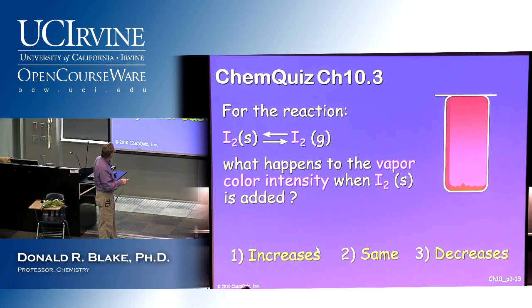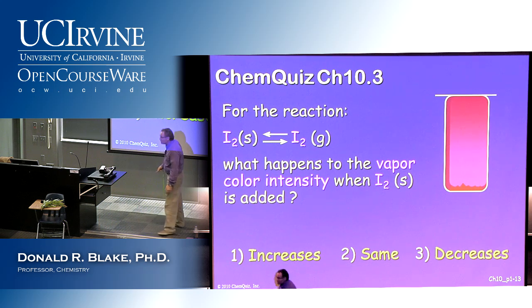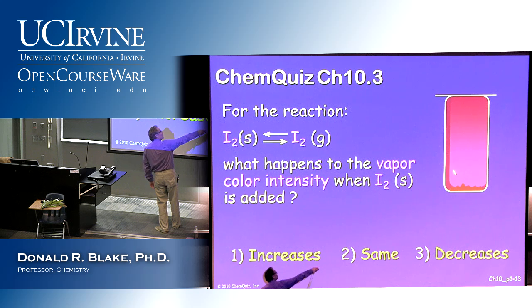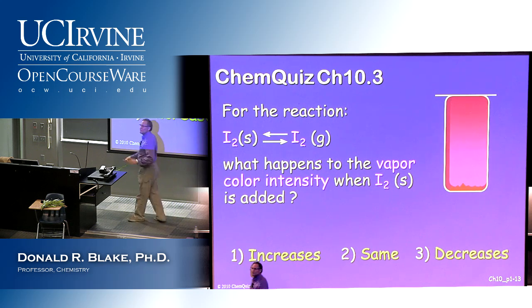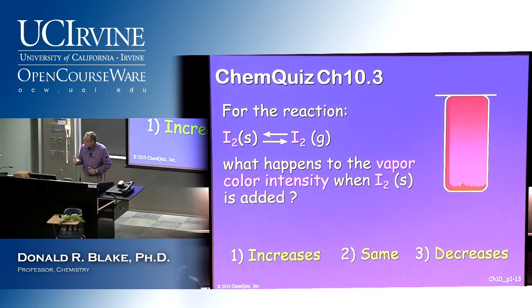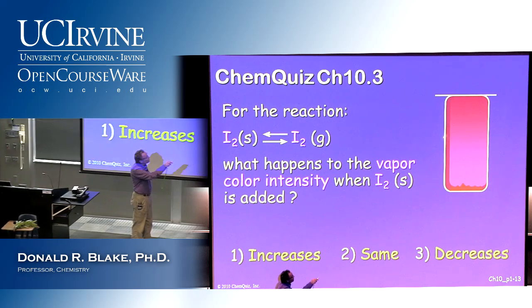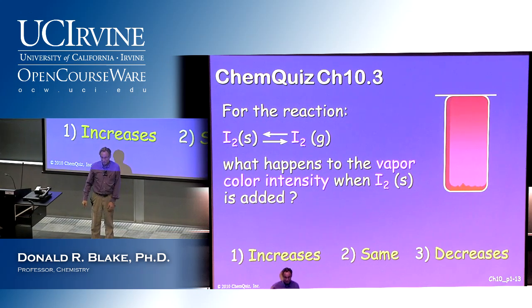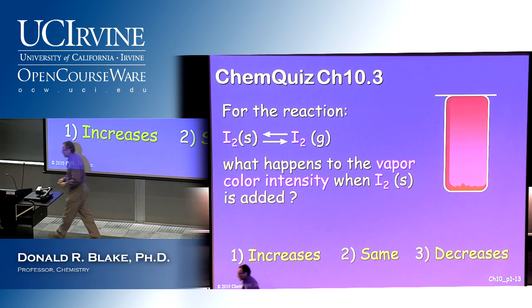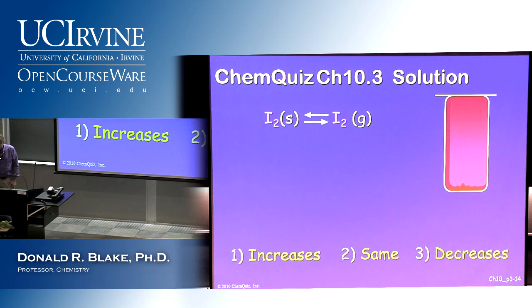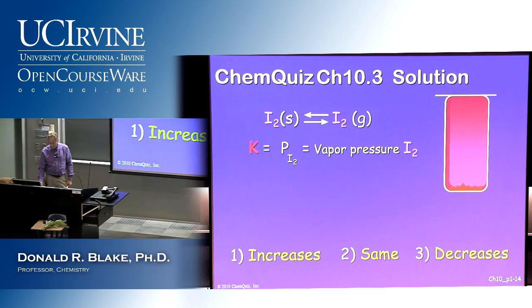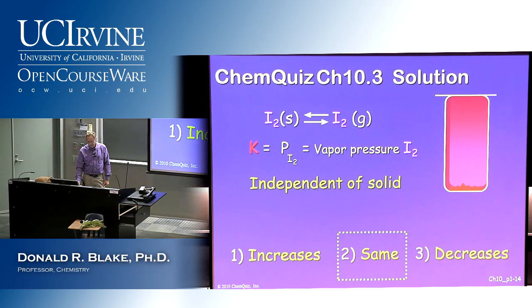Is it going to increase, stay the same, or decrease? It's going to stay the same, because it doesn't matter how much you pile down here, the pressure up here stays the same, not the number of molecules. If I filled it right up to here, the number of molecules would change, but not the pressure. It's independent of the solid, so it stays the same.